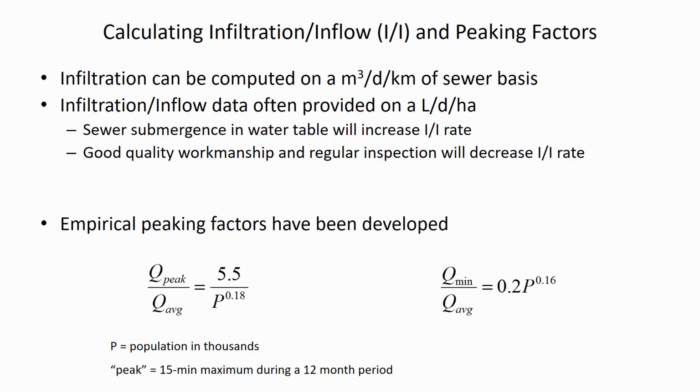And so I think you get the idea that the spatial distribution of where the wastewater is being generated helps to limit the difference between the peak and the average if you have a big population. And so it's a similar thing here where the ratio of the minimum to the average is going to be more variation for small towns than for big cities.